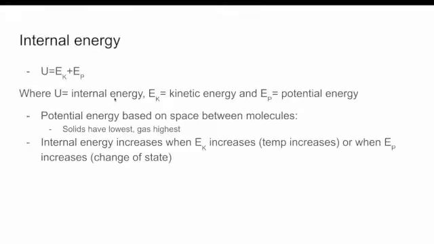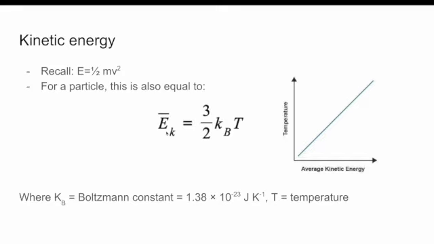So a solid has the lowest potential energy, and the gas has the highest. And basically, internal energy just increases when EK increases or when EP increases. So when there's a change of state, so a solid becomes a liquid, or when the temperature of the solid increases, because as we can see here, EK is proportional to temperature.